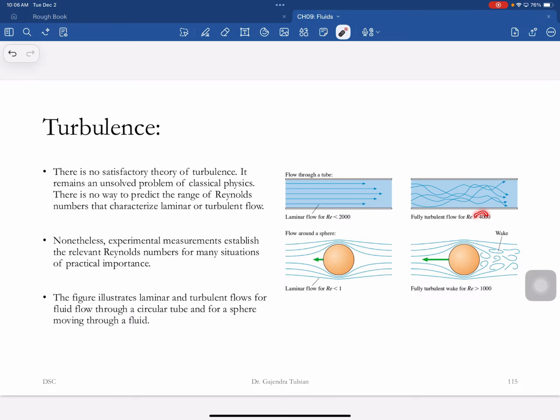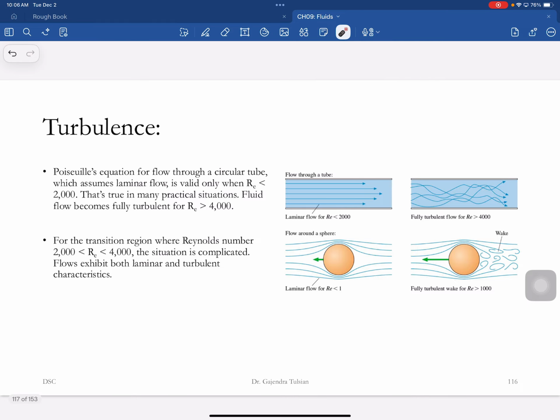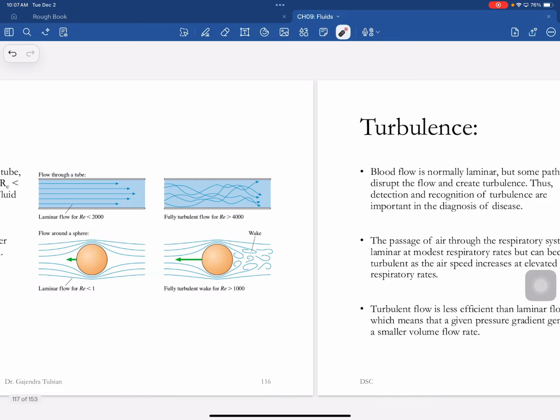If the Reynolds number is greater than 4,000, that flow is turbulent flow. So again, laminar flow when the Reynolds number is below 2,000, and turbulent flow when it's over 4,000.